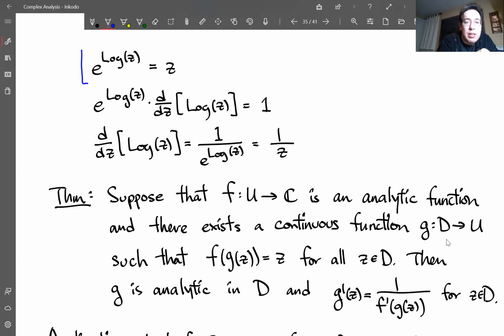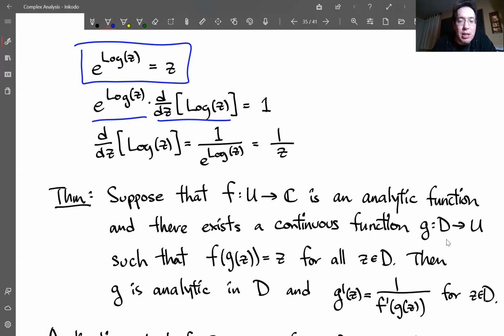From here, if we take the derivative of both sides, we could use the chain rule on the left, and the derivative of z is just 1 on the right. So the derivative of e to the Log of z is e to the Log of z, times, by the chain rule, the derivative of the Log. So let's pretend we don't know what this is.